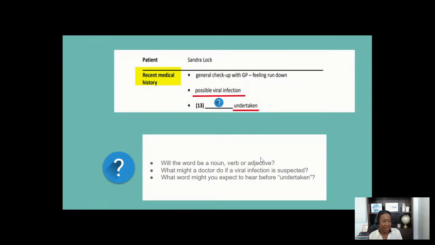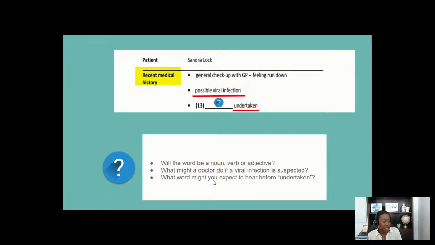So what do you think? We can use the context here of possible viral infection and then something undertaken to think of what could possibly go here. So what might a doctor do if a viral infection is suspected?